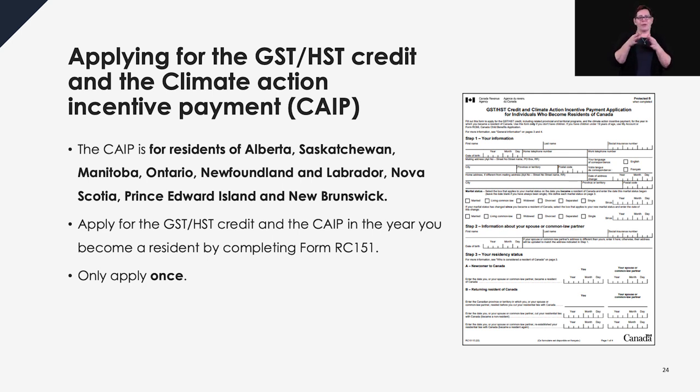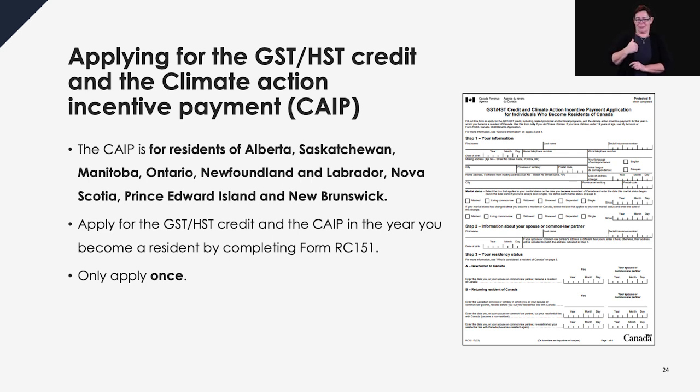It is available to residents of Alberta, Saskatchewan, Manitoba, Ontario, Newfoundland and Labrador, Nova Scotia, Prince Edward Island, and New Brunswick. You do not need to wait to do your first tax return before you can get the GST/HST credit. Complete Form RC151, GST/HST Credit and Climate Action Incentive Payment Application for Individuals Who Become Residents of Canada, to apply.